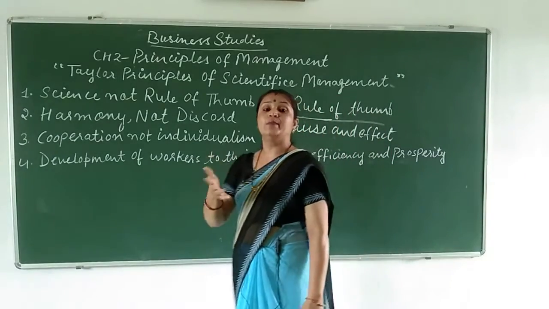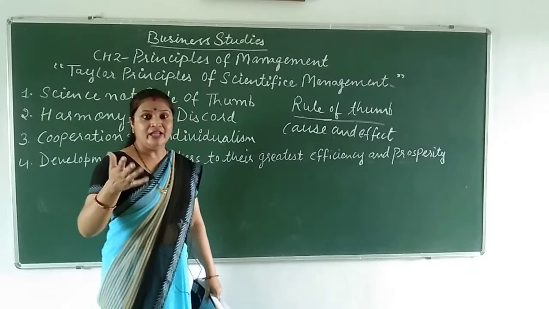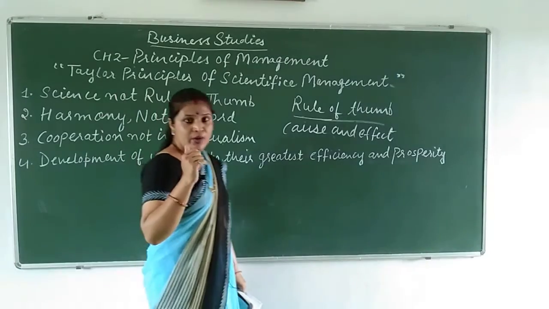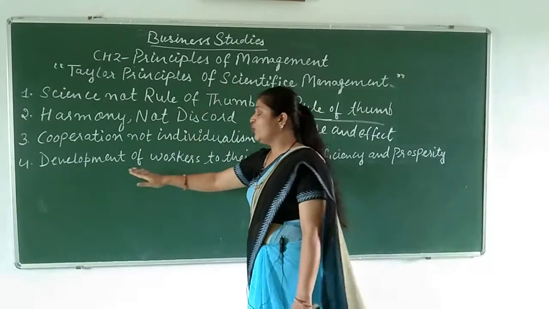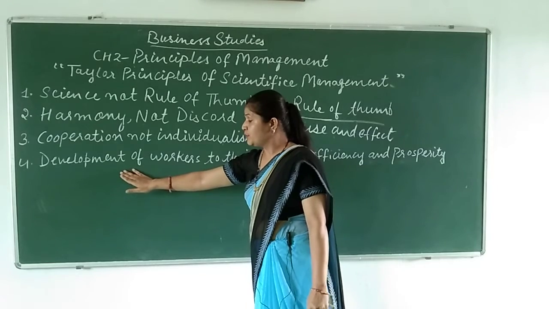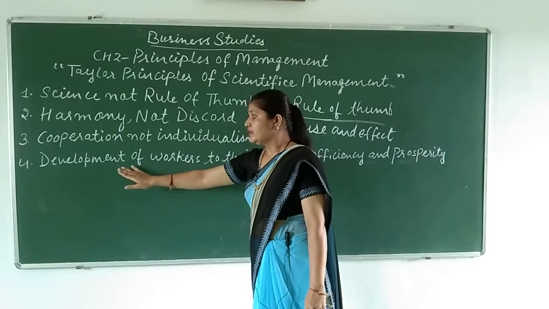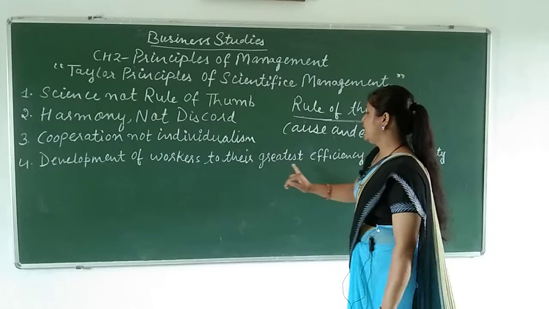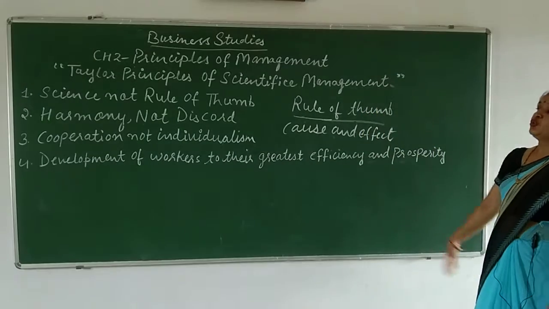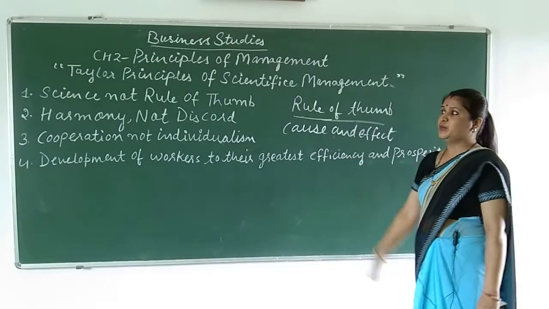It will help the employees to gain more knowledge and improve their skills. So the fourth principle of scientific management is development of workers to their greatest efficiency and prosperity.